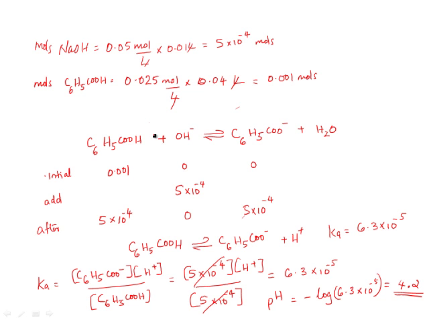That was with the acetic acid, a weak acid titrating with a strong base. Here the case is opposite. Now look at what we are titrating. We are titrating a weak base. Ammonia is a weak base and we are titrating that with a strong acid. So what do you think?